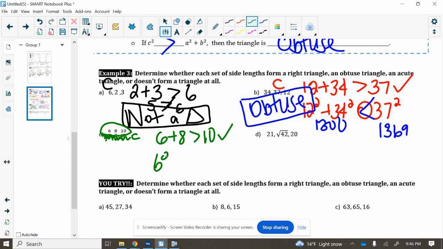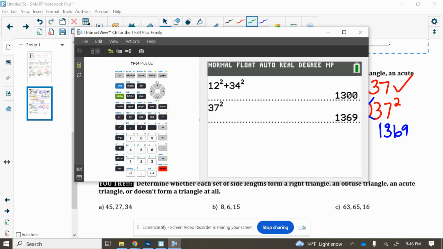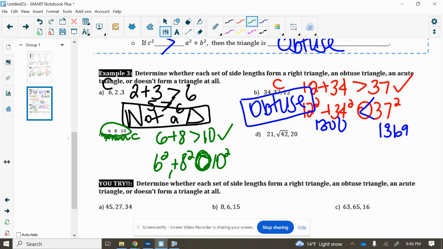So we can move on to step 2, which is testing out what is happening here. 6 squared plus 8 squared. How does that compare to 10 squared? Well, in this case, they are equal to each other. Both of them equal 100. So because they are equal, like we talked about on the first page, this has to be a right triangle.